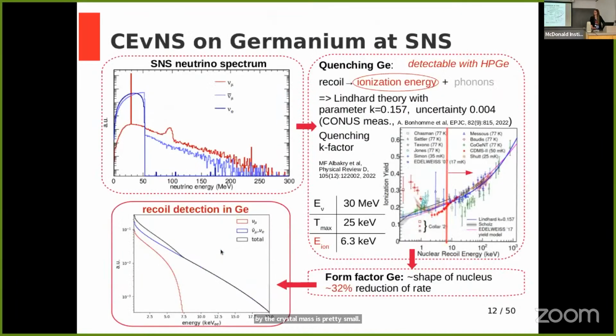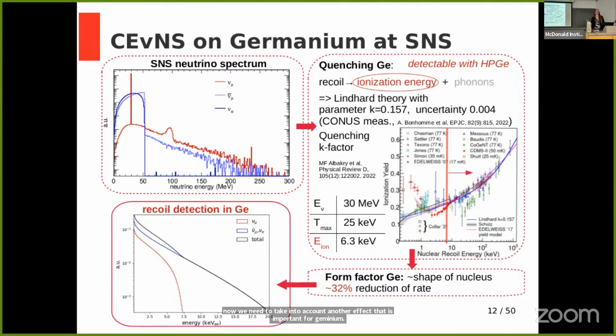So what do we now expect to see in our detector? For the energy spectrum, this is what comes out: the neutrinos that come out of CEvNS have mega electron volt energies. And now we need to take into account another effect that is important for germanium, the so-called quenching.